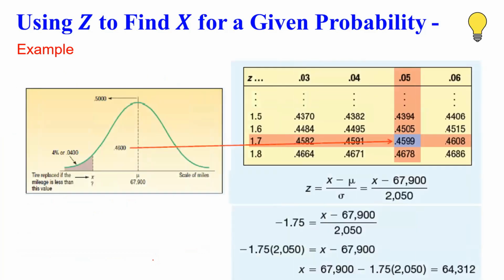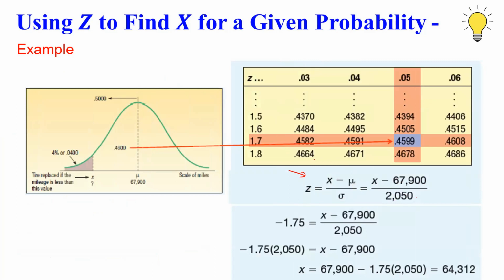First we need to write the formula. Z equals X minus mu over the standard deviation, which is X minus 67,900 over 2,550.